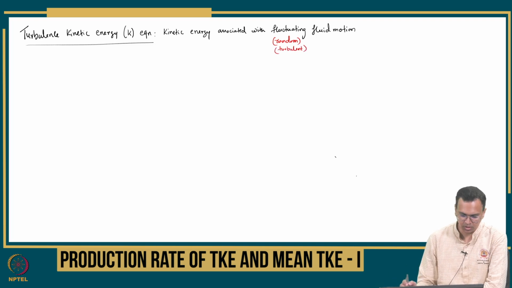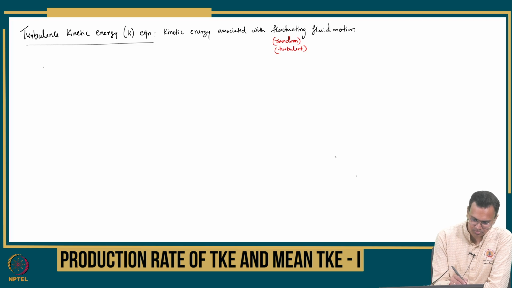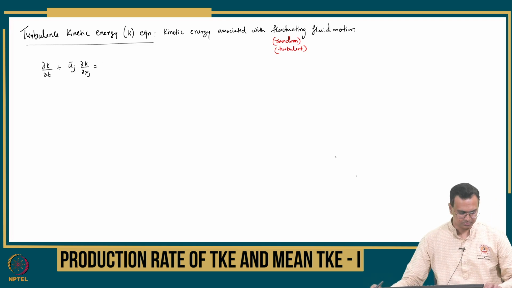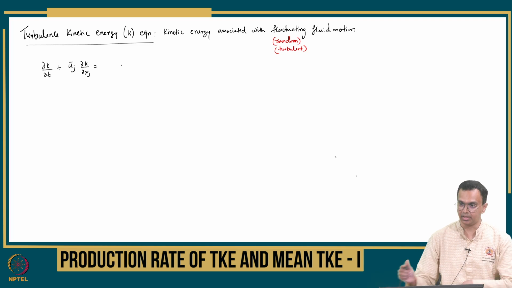And we have a transport equation which looks like dou k by dou t plus Uj bar dou k by dou xj equal to, I'm just rewriting what we derived yesterday, the right hand side terms, which are many different rates.